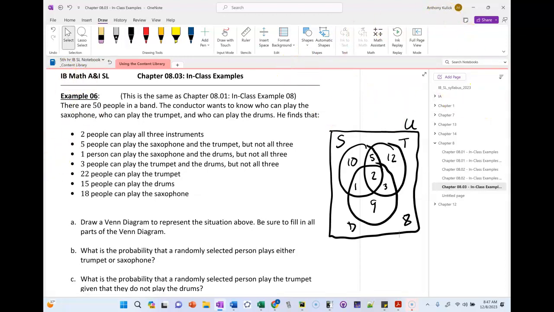Keep going, Lucas. The probability that a randomly selected person plays either the trumpet or the saxophone.